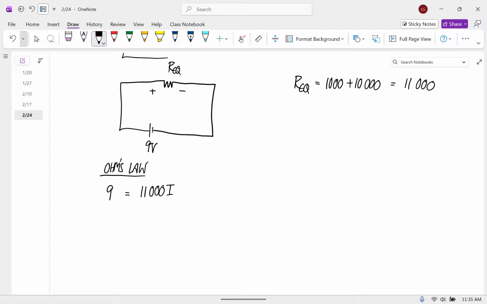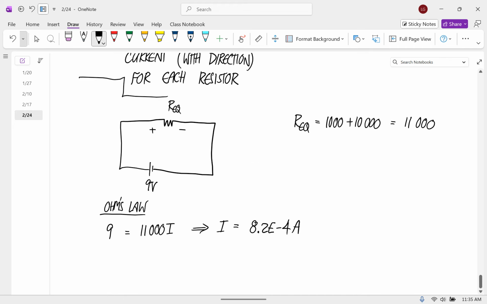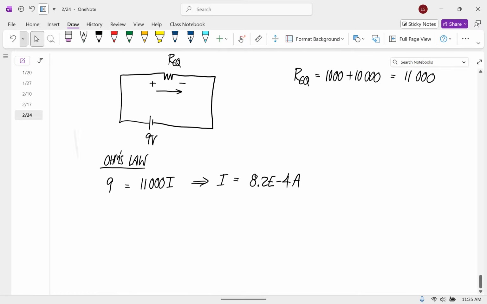Can someone tell me what you got for that? 8.2 times 10 to the minus 4 amps. And so now we know that that's the current going through each individual resistor, and it's going this way.